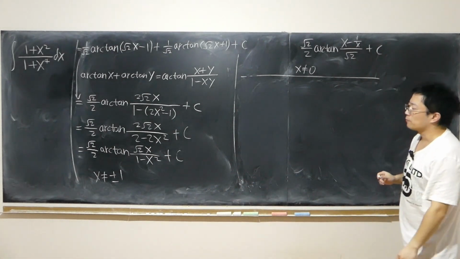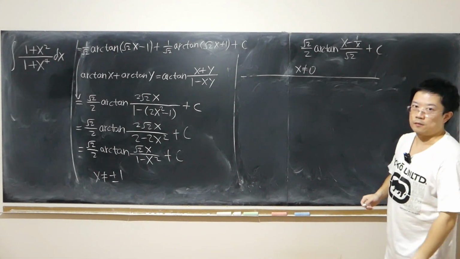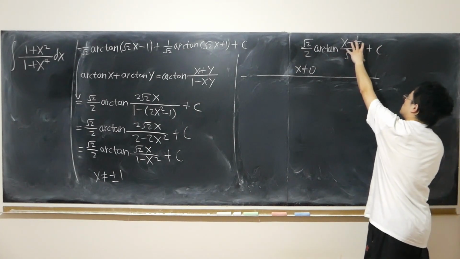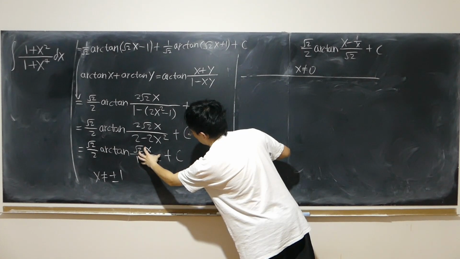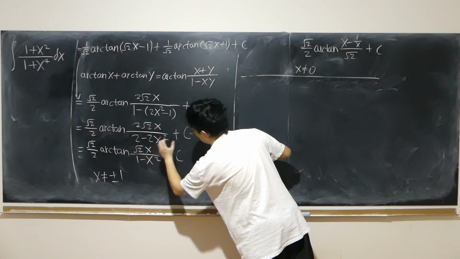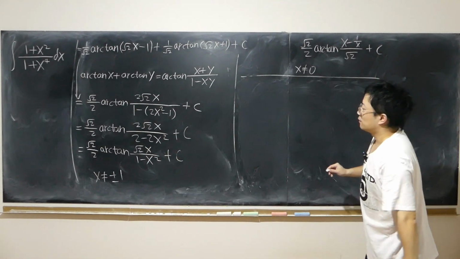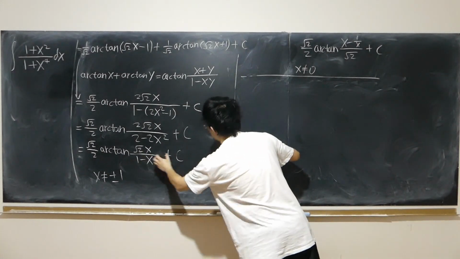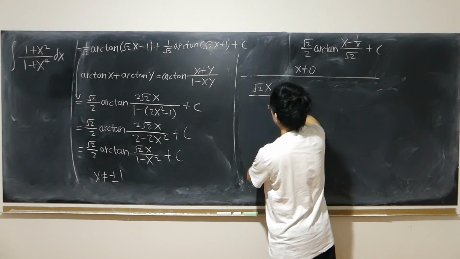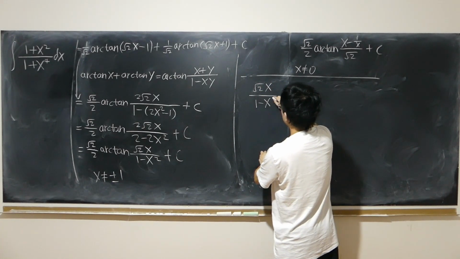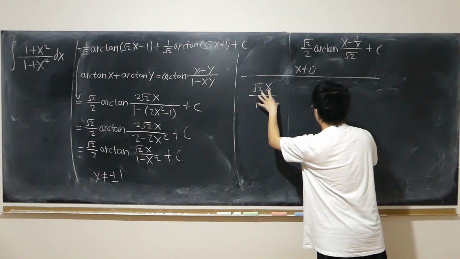So how do we? First of all, one thing I notice is that this is actually the negative reciprocal of this. So why? Because if you take this, how do we know it's the negative reciprocal of that?